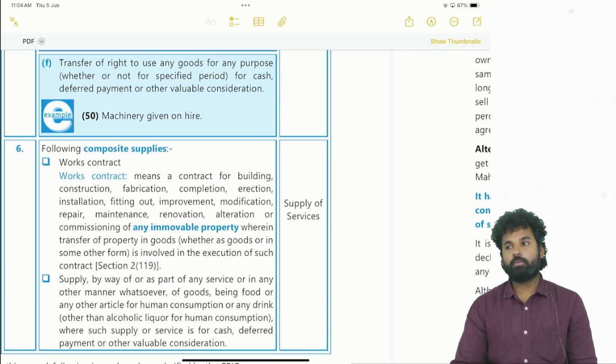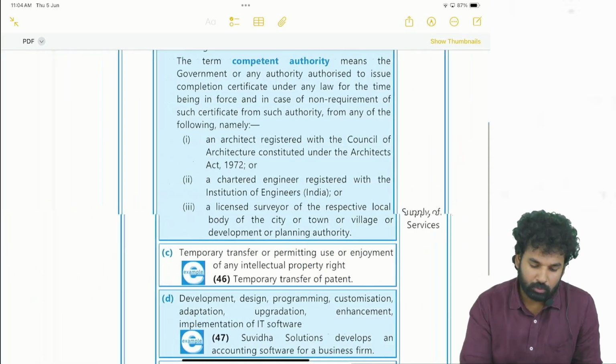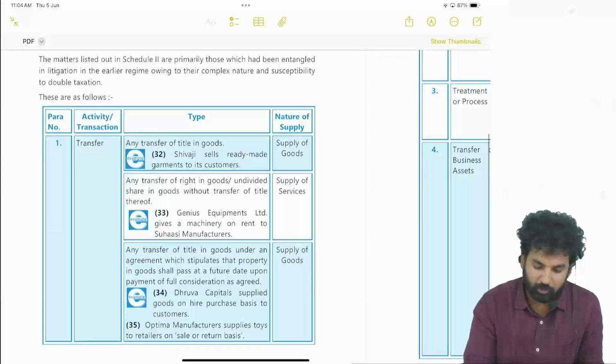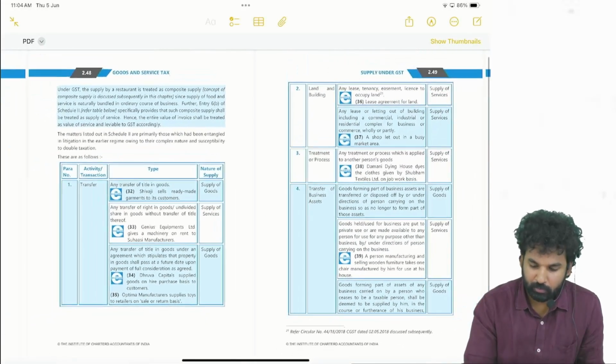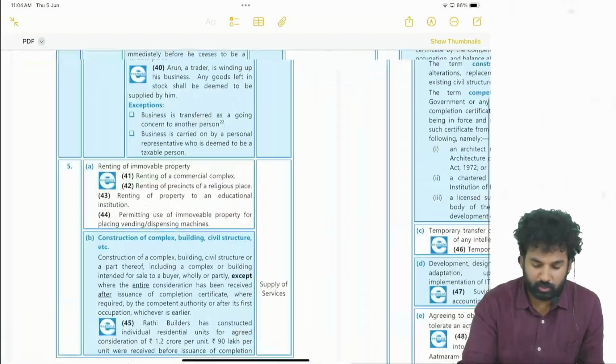In schedule 2, we have these 6 paras now. Below that, each para has examples. You just go through these examples.